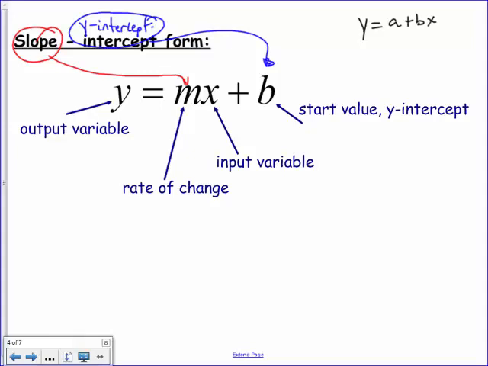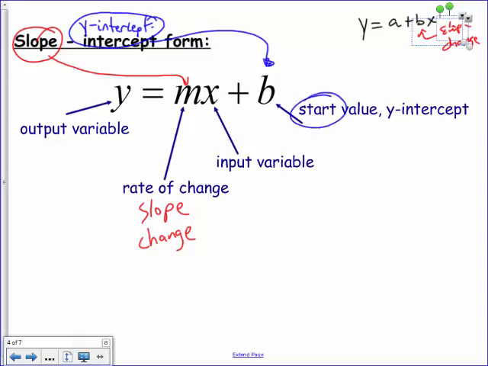Remember, the slope is just the number that's in front of the x. So that's the slope, or also what we call the change. So we should be able to see the slope, the rate of change, the change, all kinds of words for the number that's in front of the x. The number that's by itself, that's our start, also known as the y-intercept on graphs.